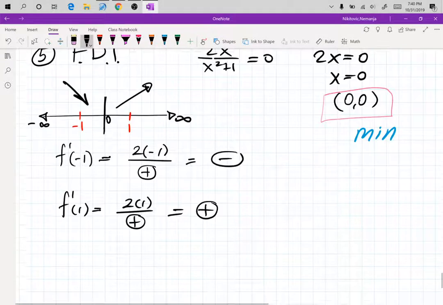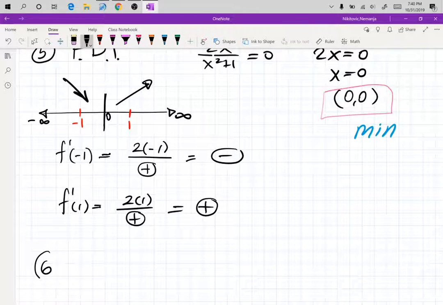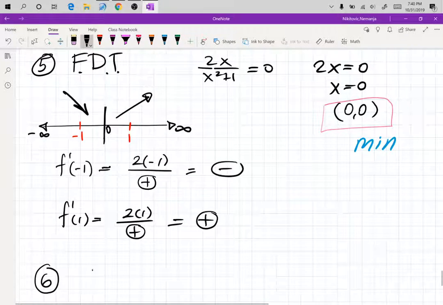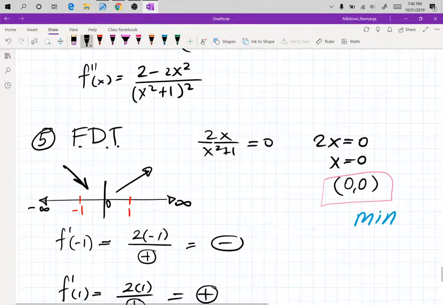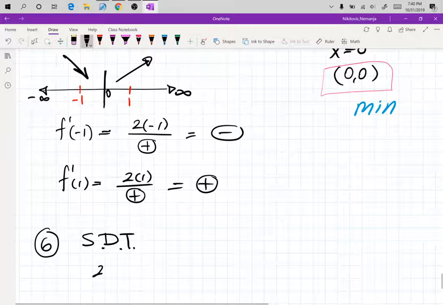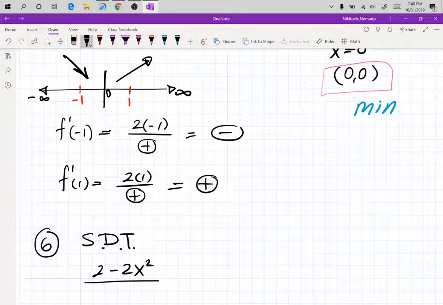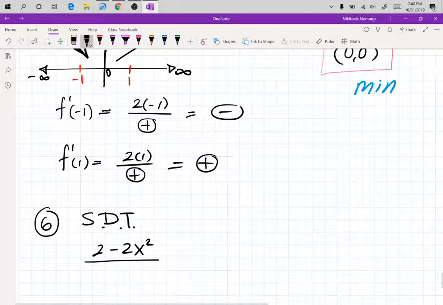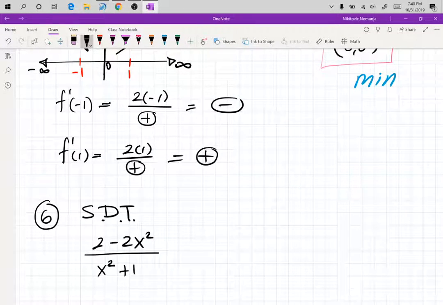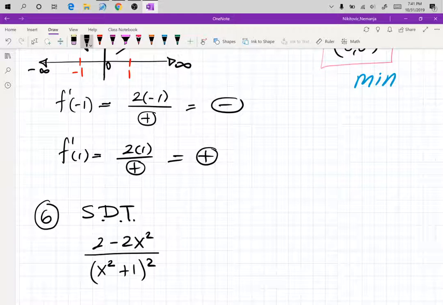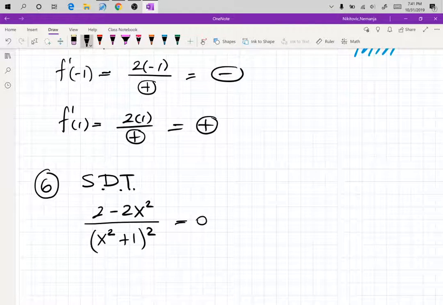We are now at step 6, and step 6 is the second derivative test, which is 2 minus 2x squared divided by x squared plus 1 squared, and that is equal to 0.